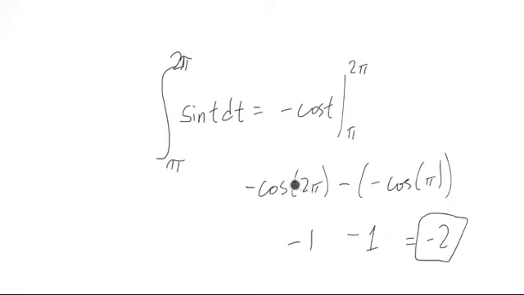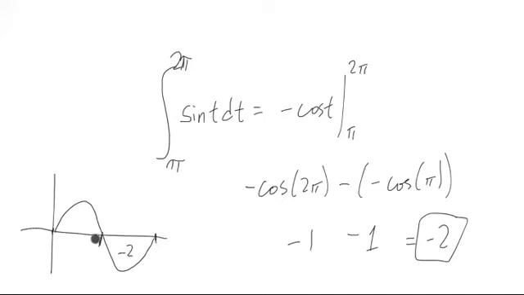So this means that if sin t is our velocity function, then from pi to 2 pi, we've actually dropped a total of 2. In fact, you can see what's happening here. We computed the net area from here to here, which was -2.